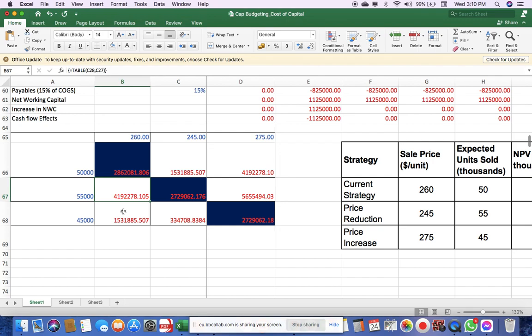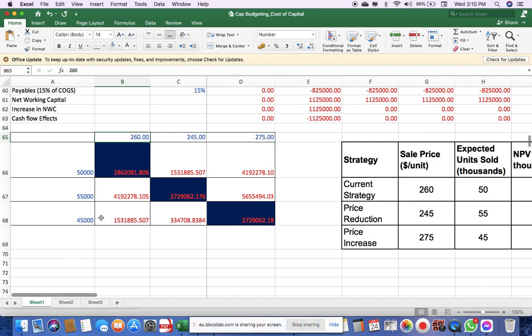Remember, same price, only 5,000 units sold more. Original assumption is 50,000, new assumption is 55,000. See the NPV change: 4.19 million, an increase of 1.5 million.